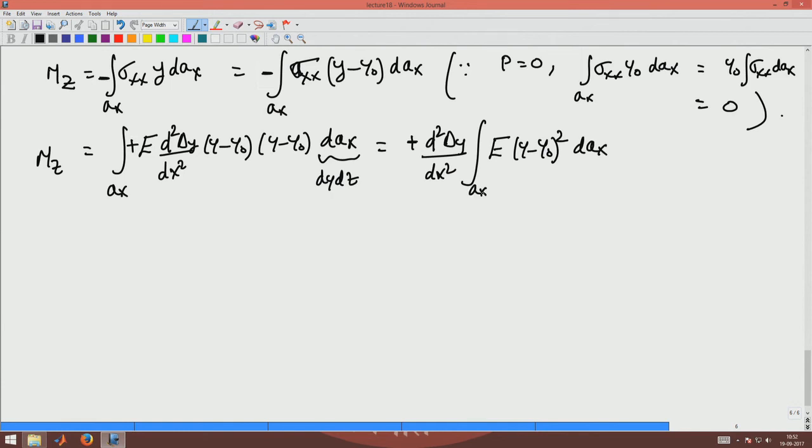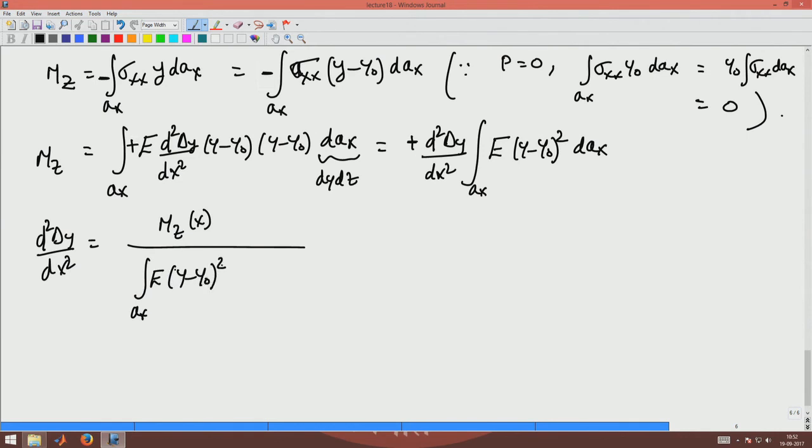In other words, I get d square y by dx square to be Mz, which is a function of x, divided by the integral over A of x of E times (y minus y naught) square dAx.